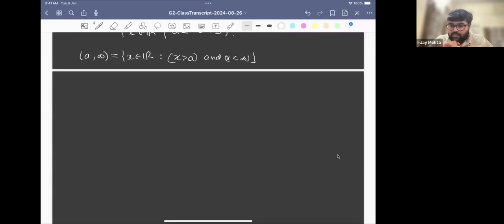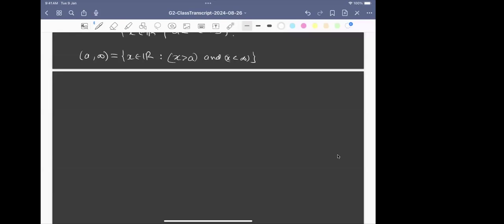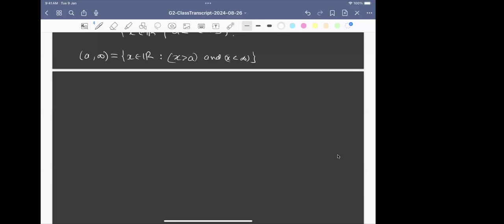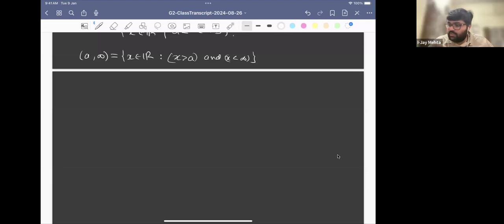Somebody said no. Maharshi? X greater than A, only this condition is enough. Same answer, Charvi? See, why do we write X less than infinity? There is no real number greater than infinity.